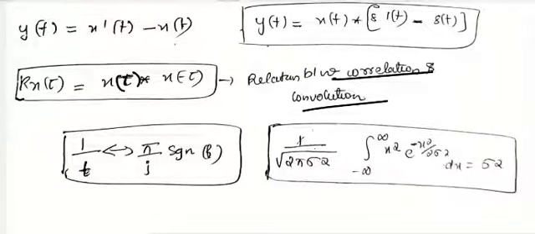And this is also another important thing to be remembered while doing problems. It will be much easier: 1 divided by root 2 pi sigma square, integral minus infinity to infinity, e raised to minus x square divided by 2 sigma square into x square dx, equal to sigma square.